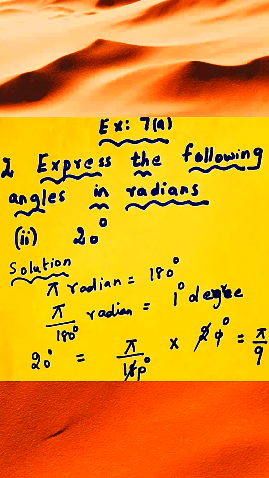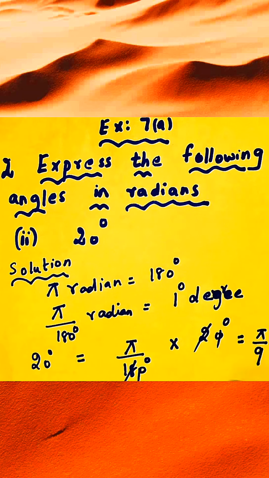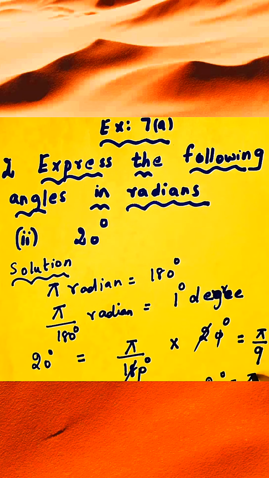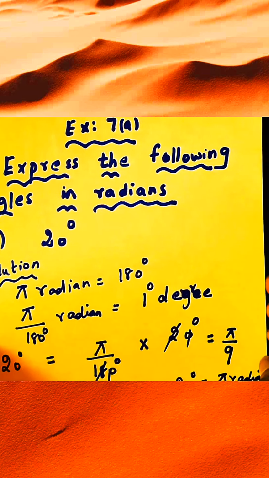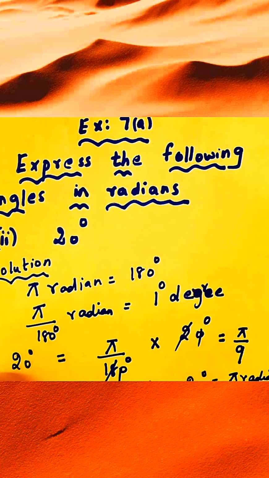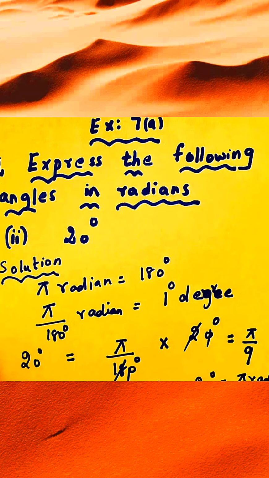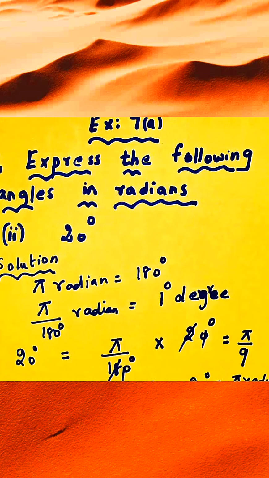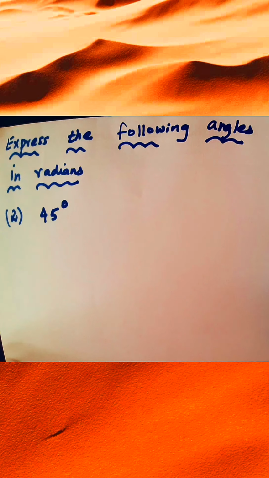So therefore your answer is 20 degree is equal to pi by 9 radians. Pi by 9 radian. That's it. Understood, students? Is it very simple? So finally, this is the answer.